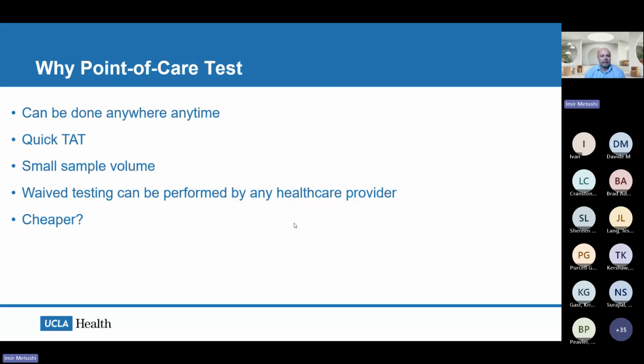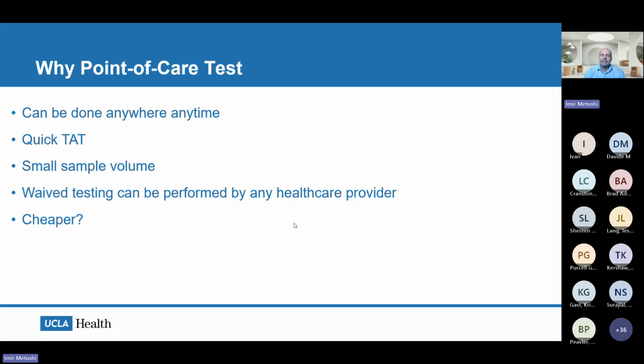And the fact that there's waived testing that can be done in this setting alleviates some work from those clinical laboratory scientists, which are licensed and certified, which are very precious and hard to come by, because now an RN, for example, can perform the testing. And like I mentioned, the shortage in healthcare workers has definitely been a top ticket item in our industry for quite some time now. They can be cheaper.